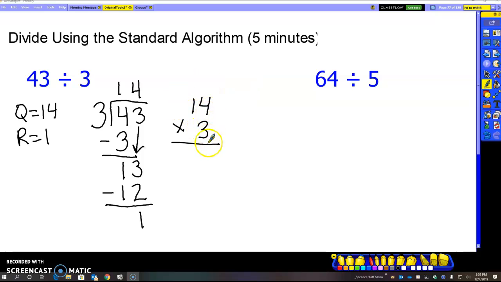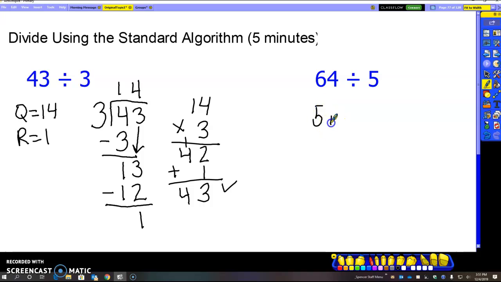So I have 3 times 4 gets me 12. 3 times 1 gets me 3, plus 1 more gets me 4. But I'm not at 43 yet because I have to add on my remainder. So when I add on that remainder, I do end up with 43, and that checks.